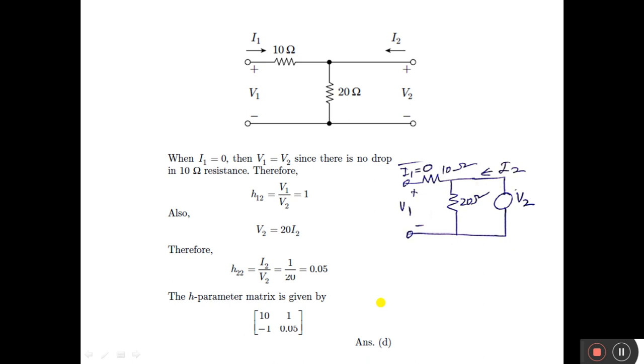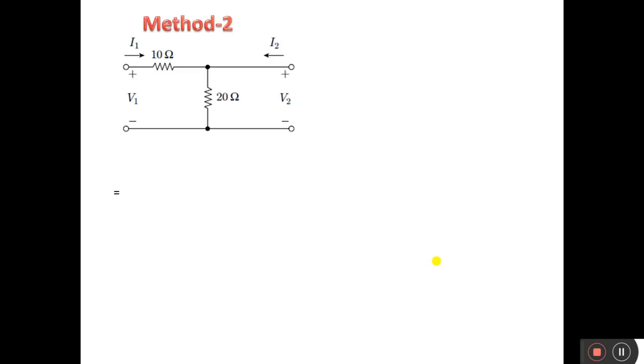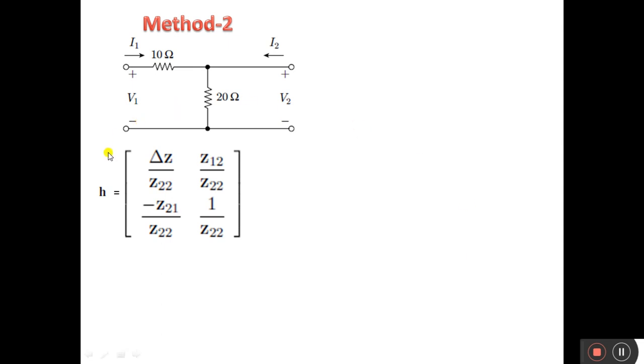Anyway, it takes at least 3 to 4 minutes to calculate this answer. But we have a shortcut method too. Actually, this is a relationship between the Z parameters and H parameters. One formula is there.